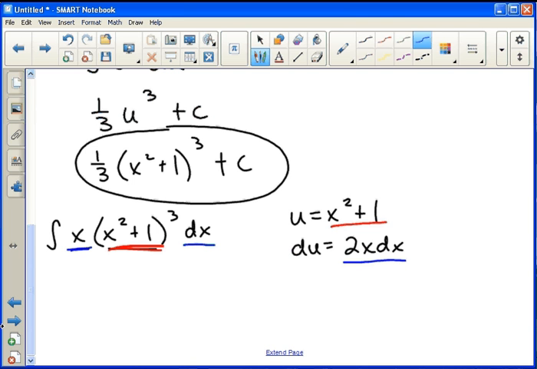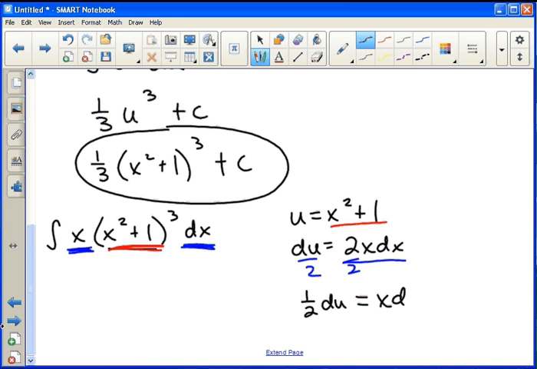So what we need to do is rewrite what we have so it matches. So I have 2x dx, I need it to say just x dx. So I very simply just divide both sides by 2, and I get that 1/2 times du is equal to x dx. Now we do have a perfect match.